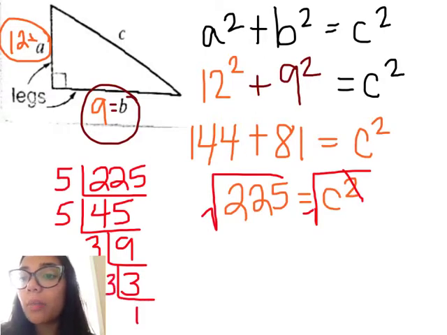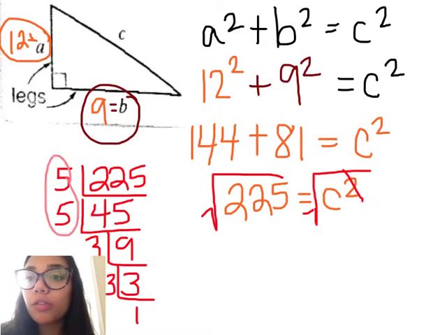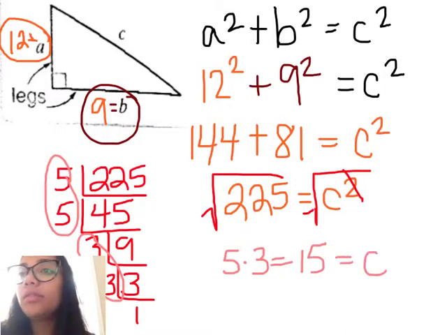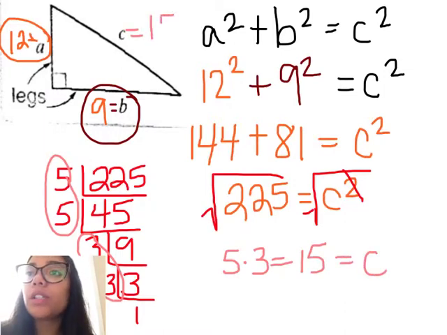And then I can stop, and then I have 2 pairs and a 1. That's what I want. My 2 pairs are 5 and 3, so I multiply those two together. 5 times 3. And then the square root of 1 doesn't need to be there. I'm taking them out of my square root, so 5 times 3 equals 15, which equals C. So C equals 15.